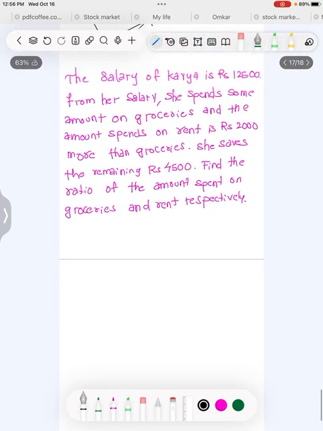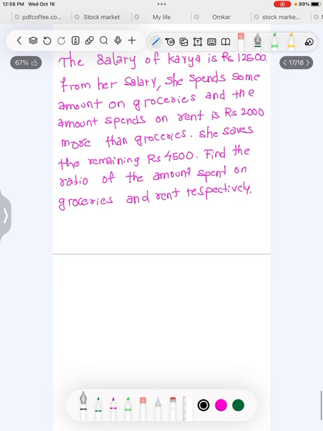So it is showing that salary of Kavya is 12,500. Okay, from her salary she spent amount on groceries and she spent some amount on groceries. She spent some amount.